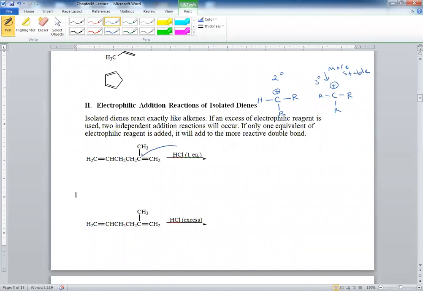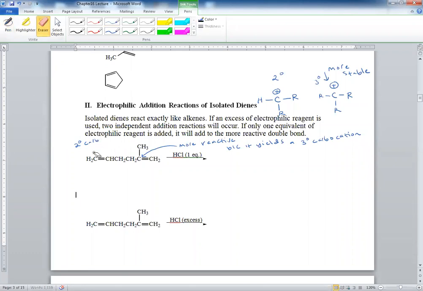Therefore, this carbon right there is more reactive because it yields a tertiary carbocation, whereas this one would yield a secondary carbocation.